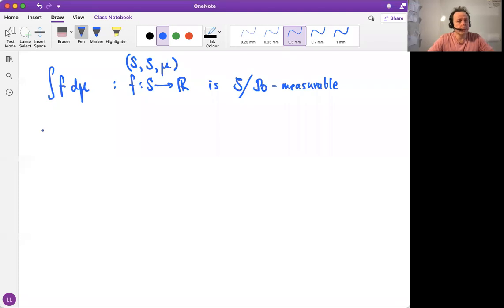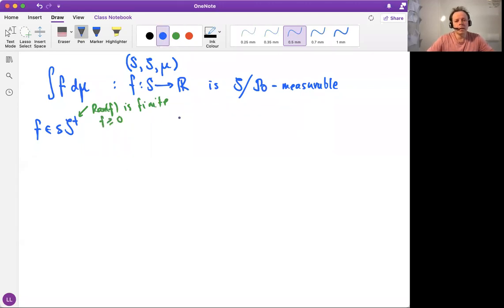So we know that if f happens to be simple and positive, so recall that this means that the range of f is finite. This is what we use the word simple for, and then plus indicates that f is non-negative.